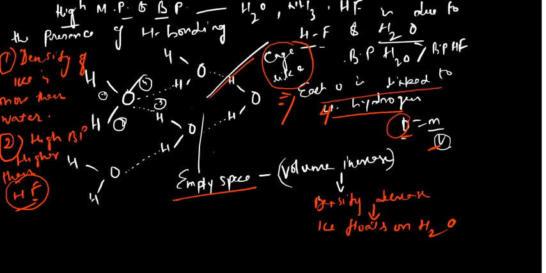So normally the boiling point for water should be less compared to hydrogen fluoride. But in actual experiment, we have noticed that the boiling point for water is higher compared to hydrogen fluoride, right? Now let's look into the reason why.